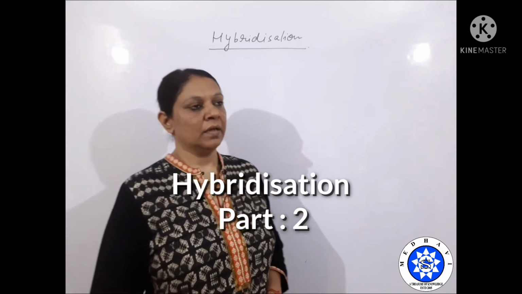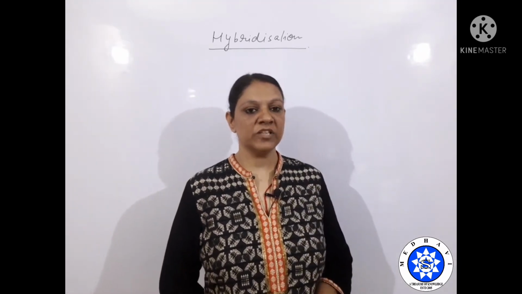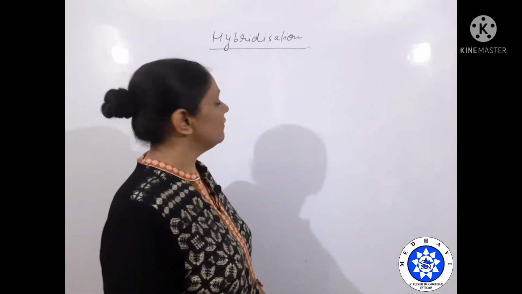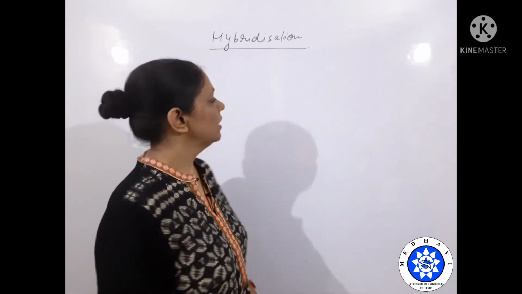In this video, I am going to explain hybridization of complex compound. In my previous video, that is hybridization part 1, I have explained what is hybridization, its type, and I have given some examples also. Today I will discuss hybridization of complex compound.